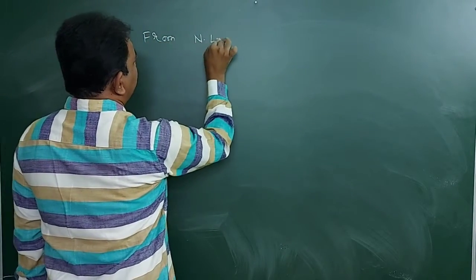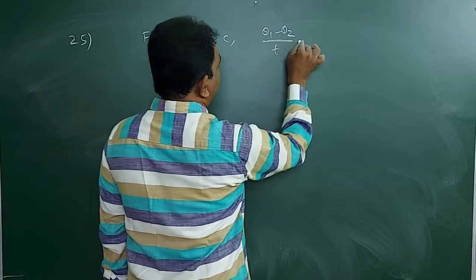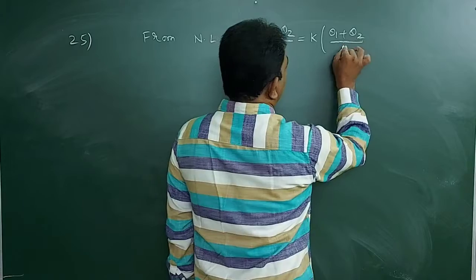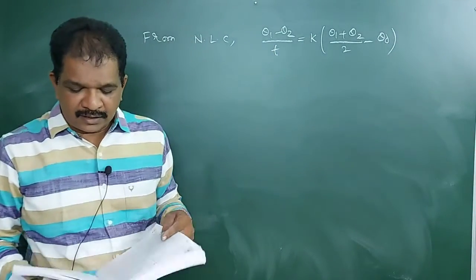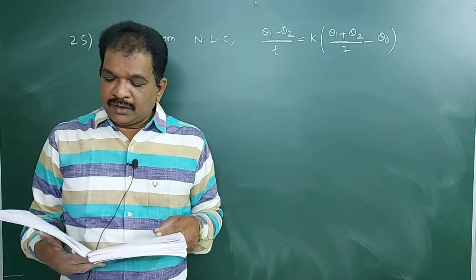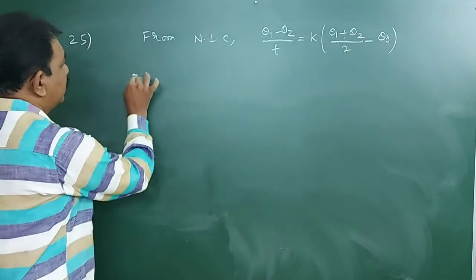From Newton's law of cooling, (theta 1 minus theta 2) by t is equal to K into ((theta 1 plus theta 2) by 2 minus theta naught). Here the temperature falls from 3T to 2T in the time 10 minutes.